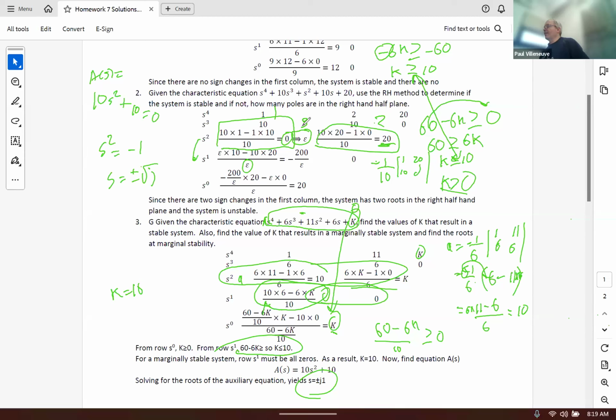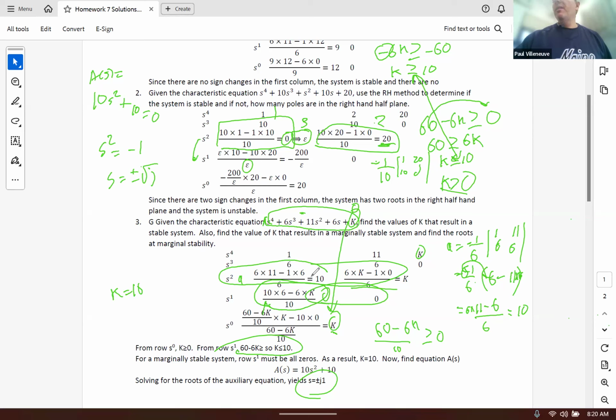What do you use if you have a row of all zeros? The auxiliary equation. So this is the row of zeros here, right? If K is equal to 10, this is a row of zeros.